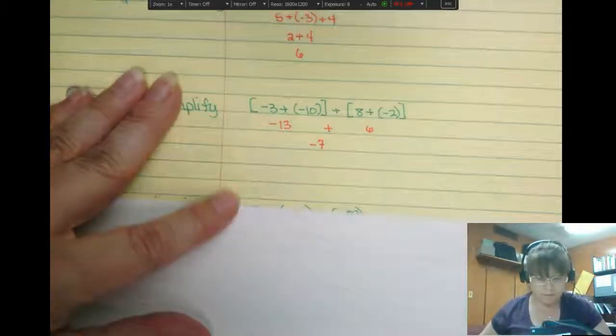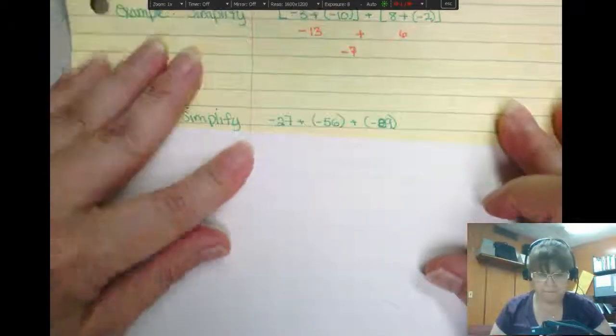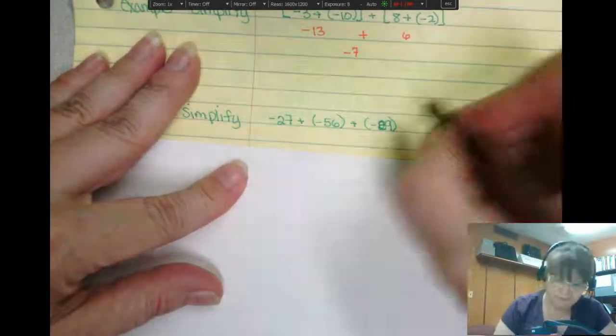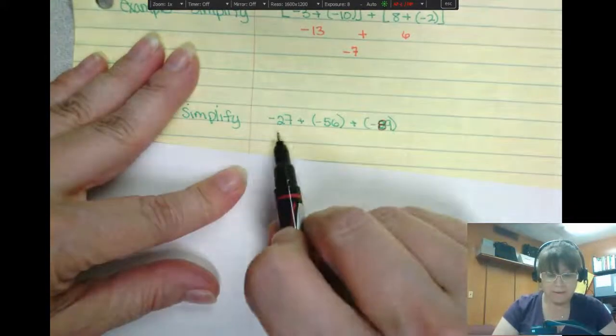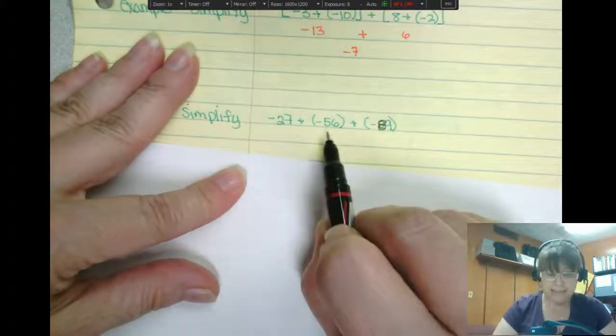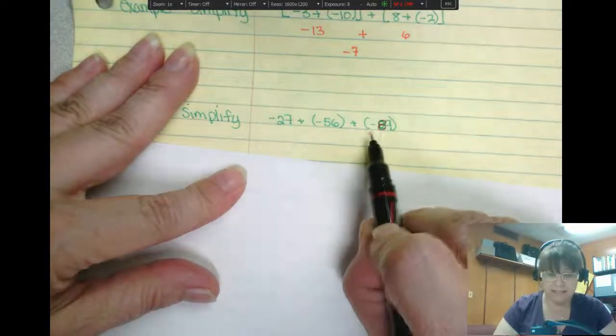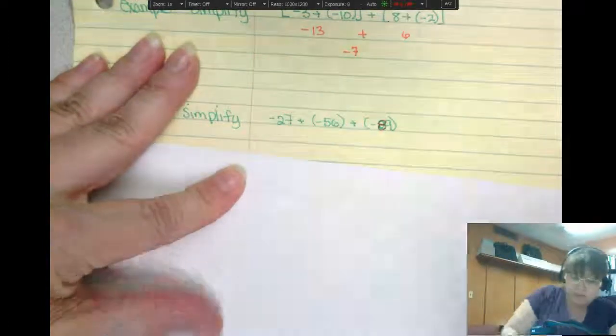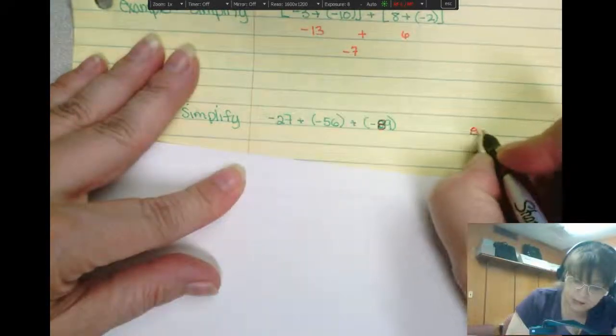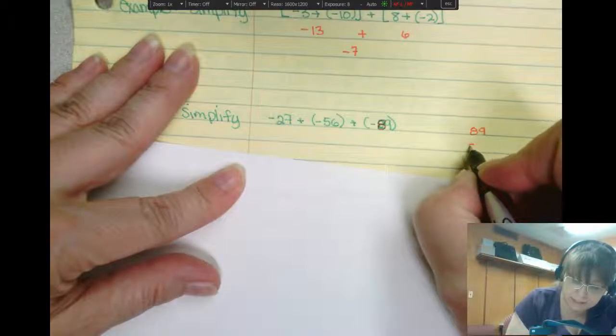Let's try one more. If you can't read my writing, that is an 8. We have negative 27 plus negative 56 plus negative 89. They're all the same sign. So off to the side, I'm going to make this problem a little bit easier for me.